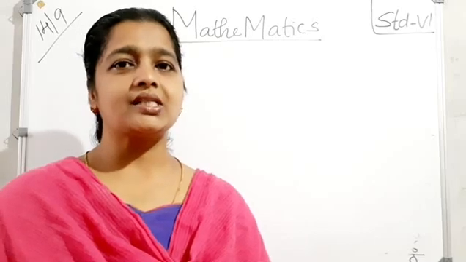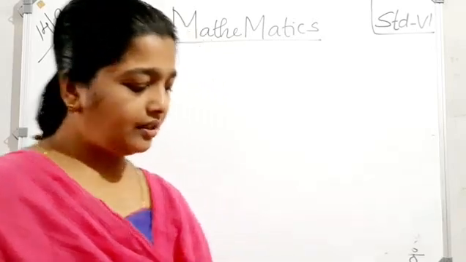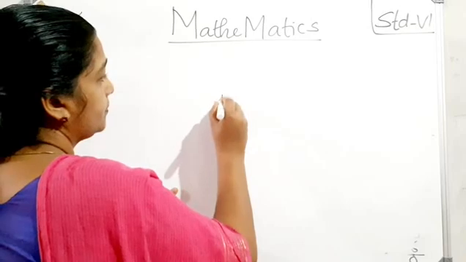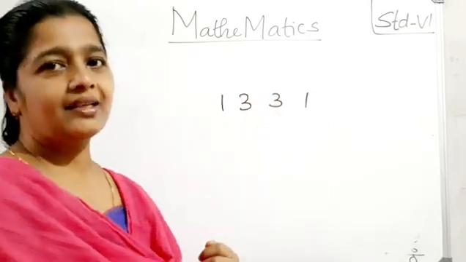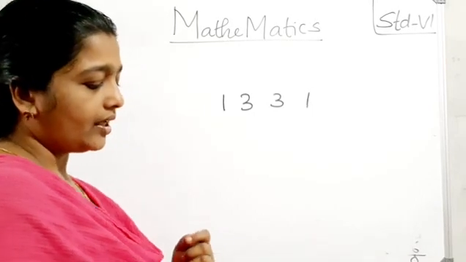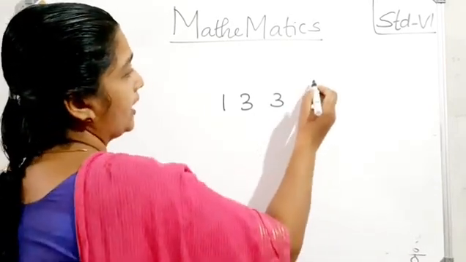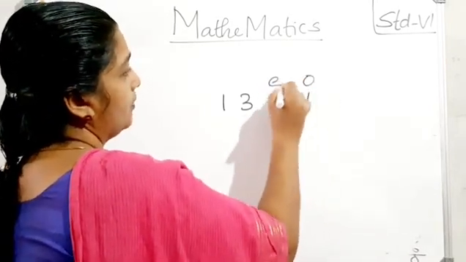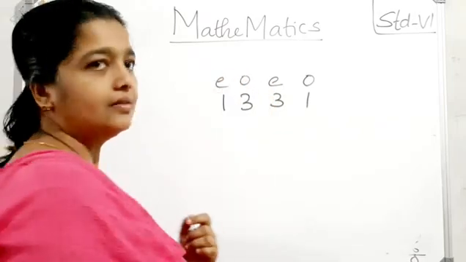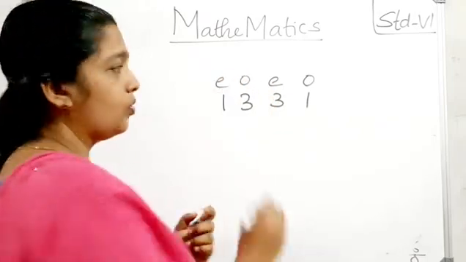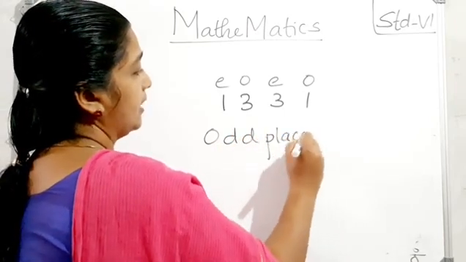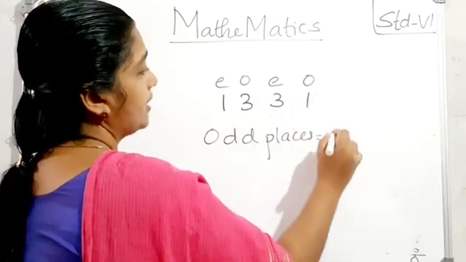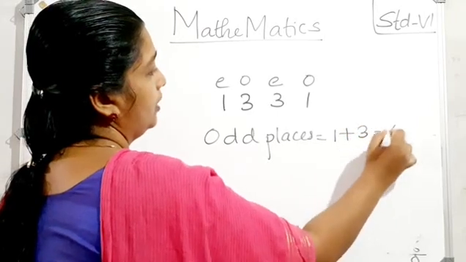We can do one question. So first step, the sum of the digits at odd places, then odd, even, odd, even. Sum of the digits at odd places, the answer: 1 plus 3 equals 4.